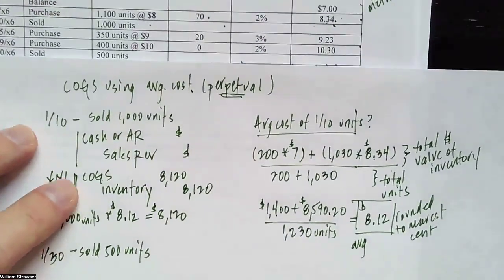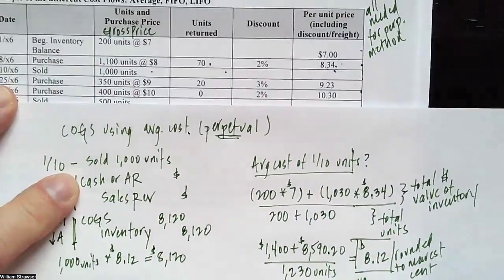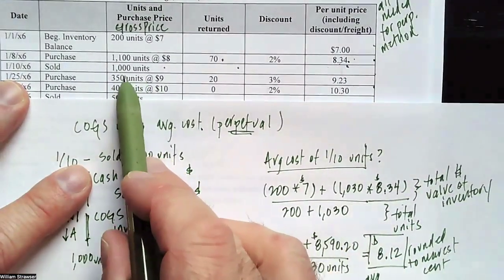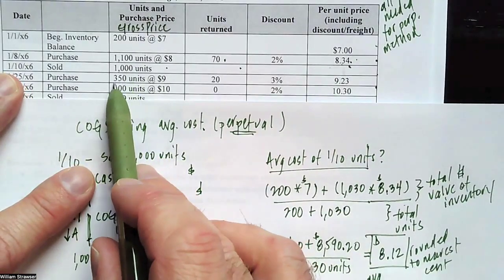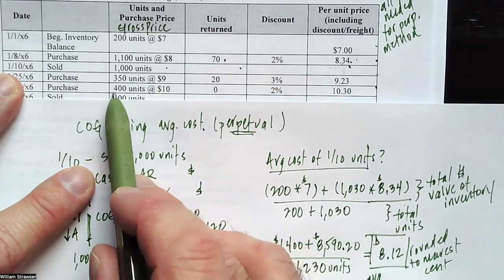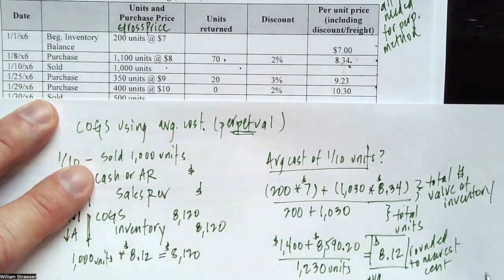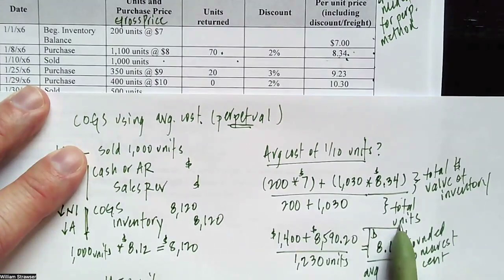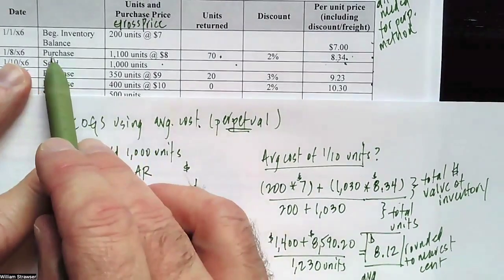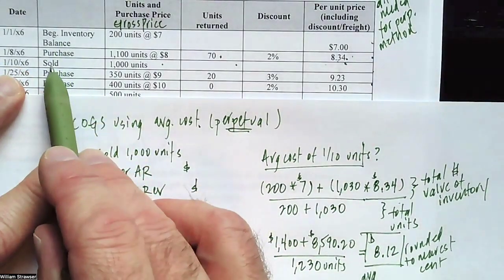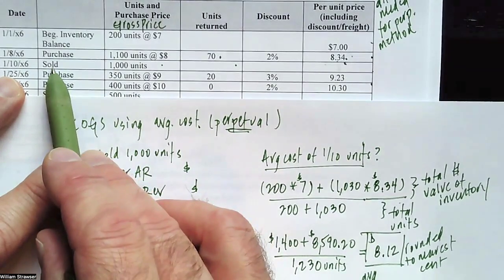Well, we had two purchases since the last sale we accounted for on January 10th. We purchased 350 at 9 gross price, 400 at 10 gross price. We also have an average cost of everything prior to the January 10th sale.